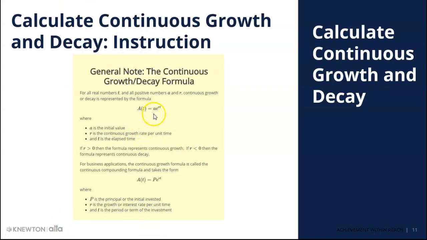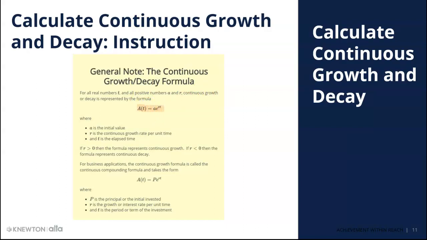So in general, these are the formulas that you would easily find in most applications. So this a sub t equal to a e to the rt is the formula that you use for continuous growth or decay. So here, this is just an exponential function.